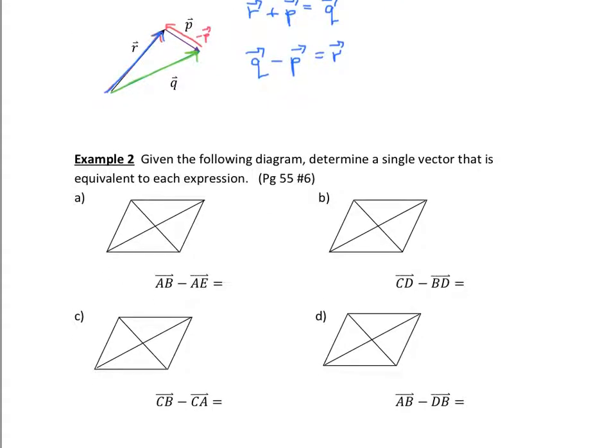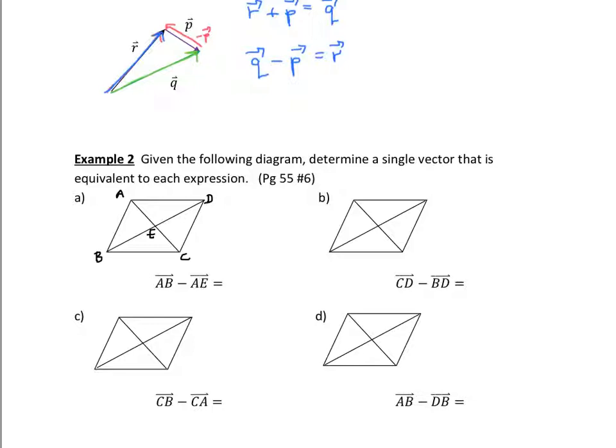In the next example it says, given the following diagram, which is out of your workbook, determine a single vector that is equivalent to each expression. The only thing is that these should be labeled, and they're not on your handout, so we need to fill them in. This parallelogram is labeled A, B, C, D, and E in the middle. We need a single vector that is equivalent to subtracting vector AE from vector AB.